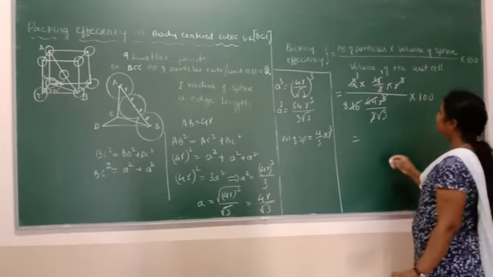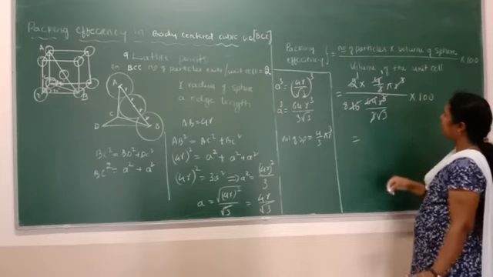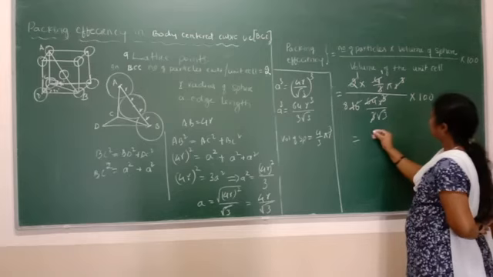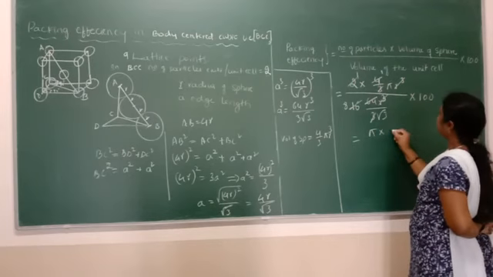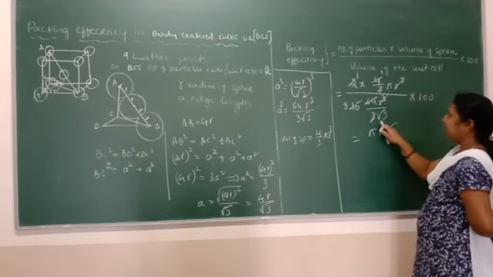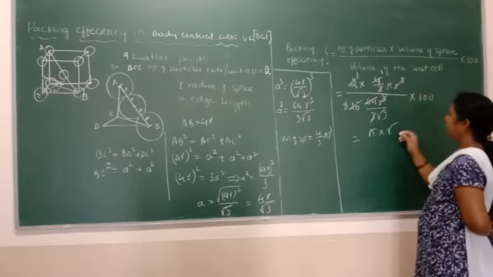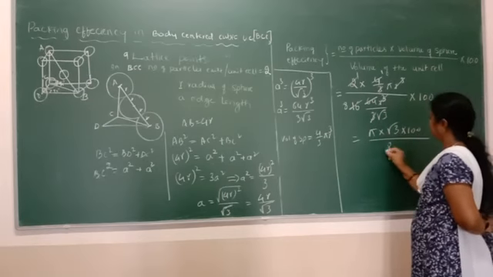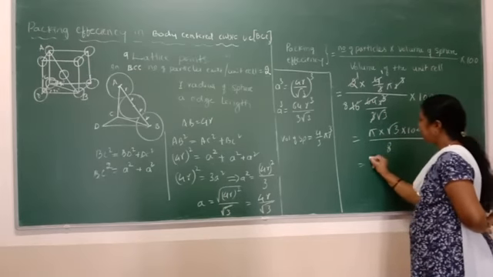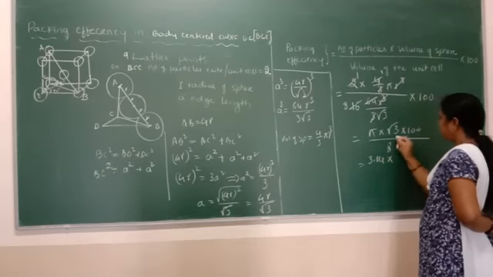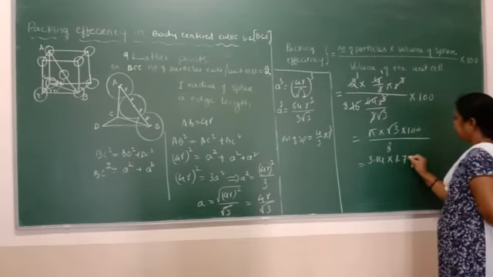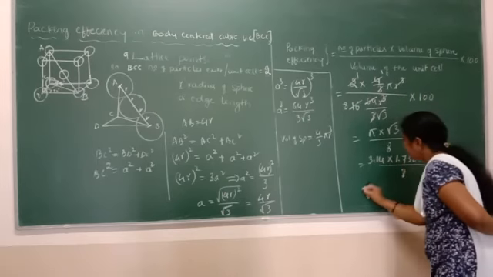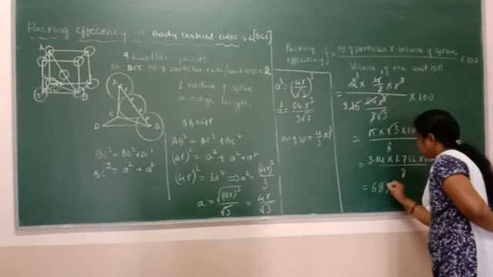So after cancelling the similar values, we write the remaining terms. That is pi into root 3, which was in the denominator of the denominator, goes to the numerator. Root 3 into 100 divided by 8. The value of pi is 3.14, root 3 is 1.732, into 100 divided by 8. It is found to be 68%.